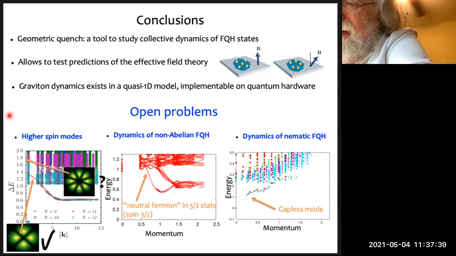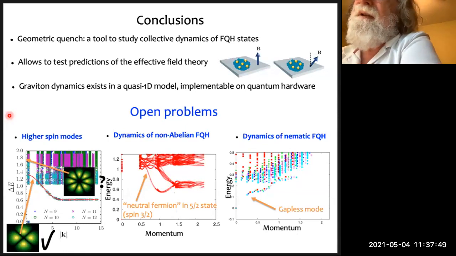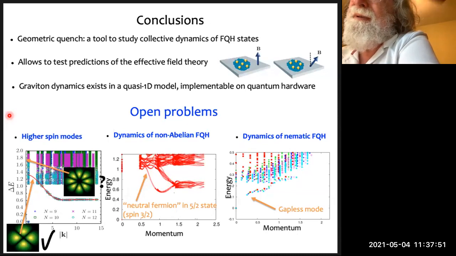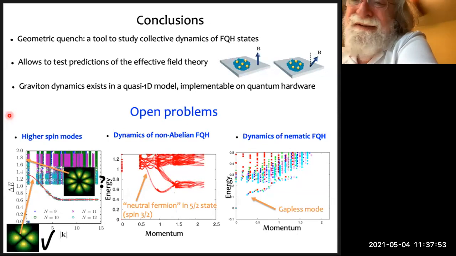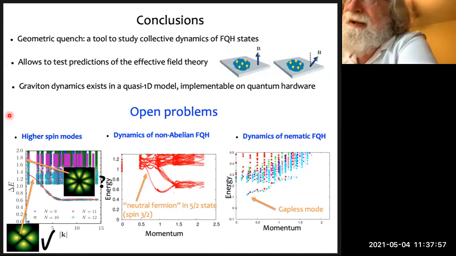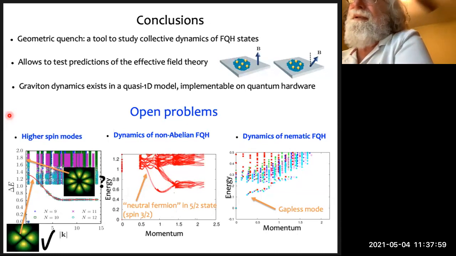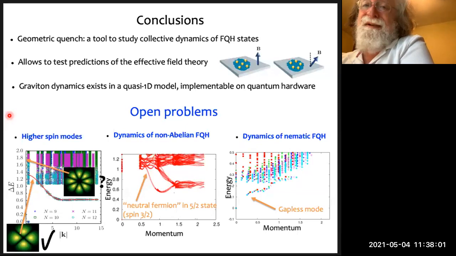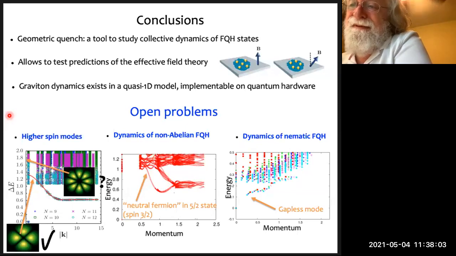Can I comment on this? Experimentally, what they do is they don't tilt the field, they tilt the sample and increase the field to compensate so as to keep the normal component fixed. So the only thing you're changing is the normal component of the magnetic field, and physically you're tilting the sample.